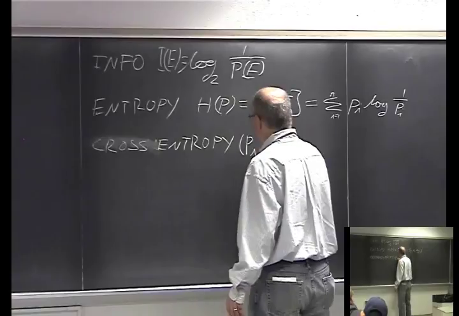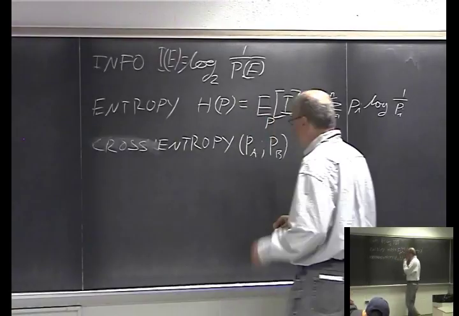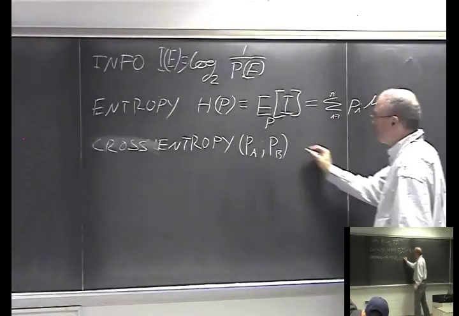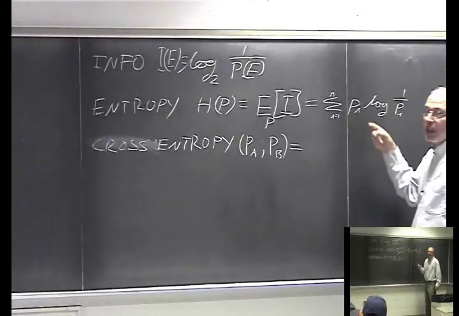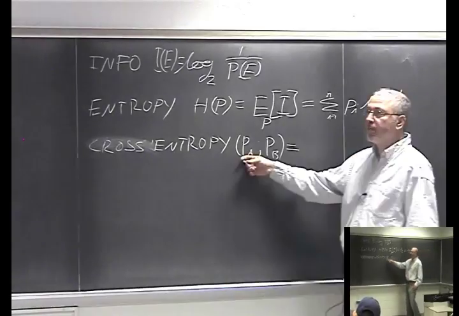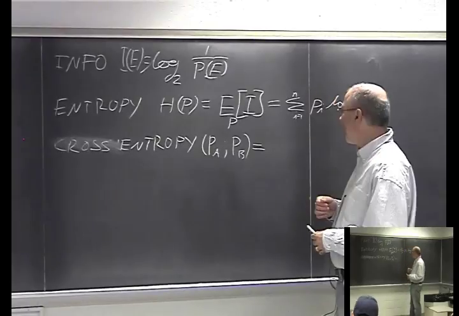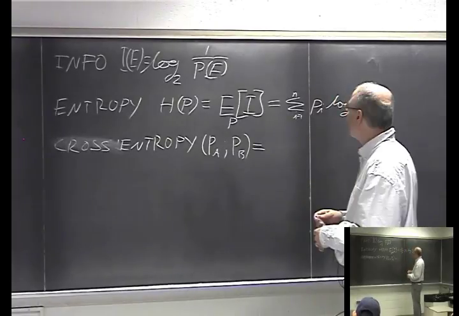Call it PA, PB. And it's something that looks like entropy, but has a hybrid of the P's and Q's, right? Sometimes they call this P and Q. Maybe I should call it P and Q here. I'll call it PA and PB.